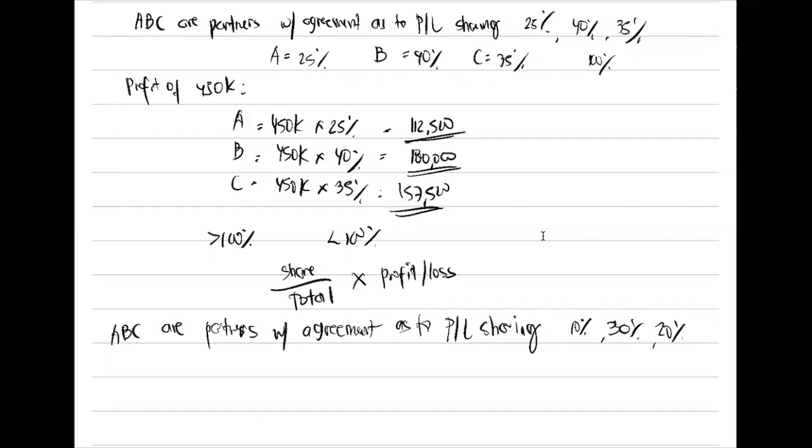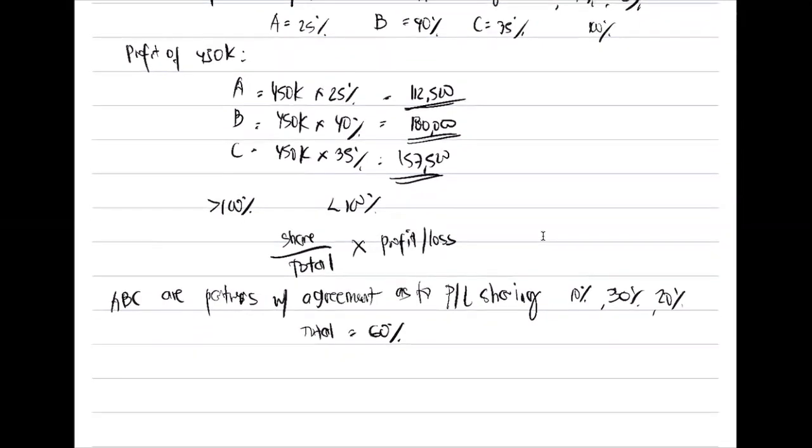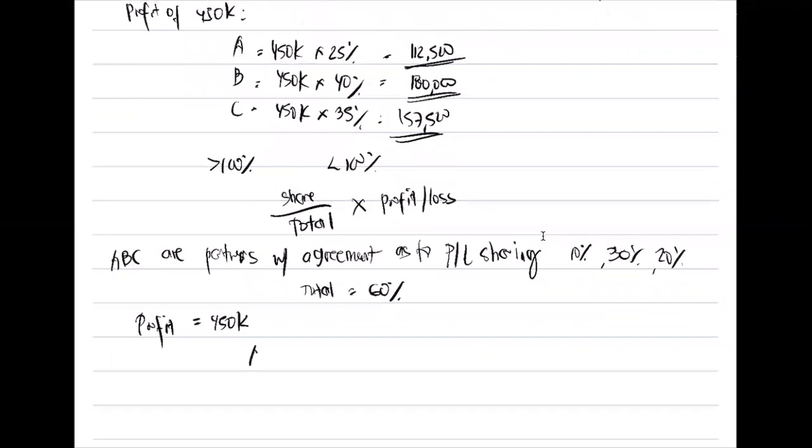So that is, what is the total percentage? 10 plus 30 plus 20, 60%. So how do we compute for the profit sharing? So assuming our profit is equal to 450,000. So we have here A, B, and C.